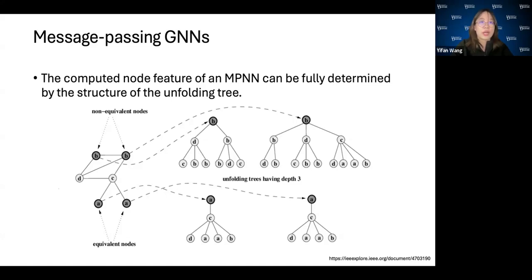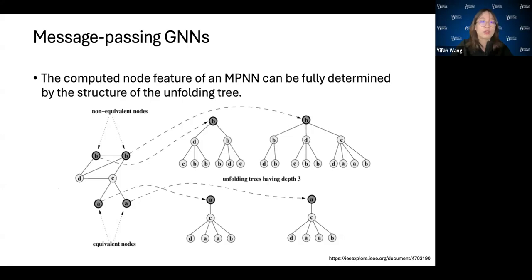The unfolding process is a way to represent how a graph neural network or some other graph algorithm will see the neighborhoods around each node by expanding the graph outwards to a certain depth.